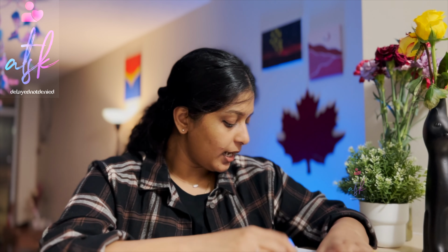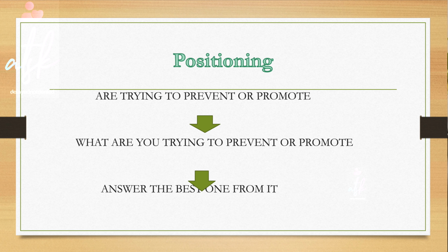That is that. The fourth one would be about positioning. For example, laminectomy. You are going to turn or position the patient. So ask yourself, are you trying to promote or prevent something? In this situation, I am preventing something.